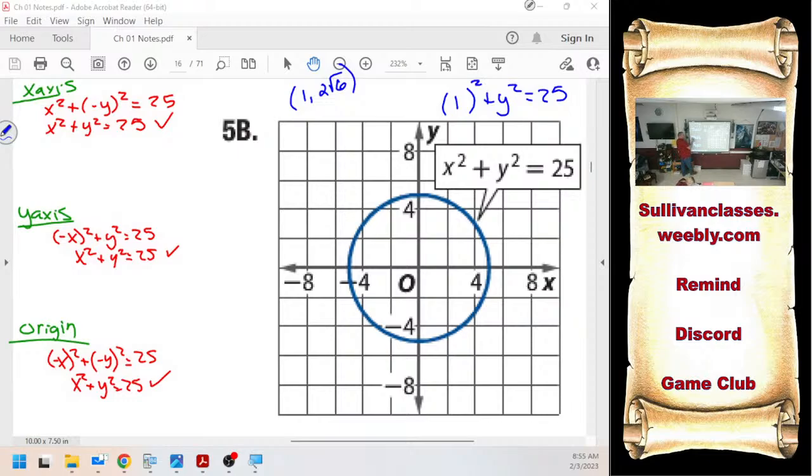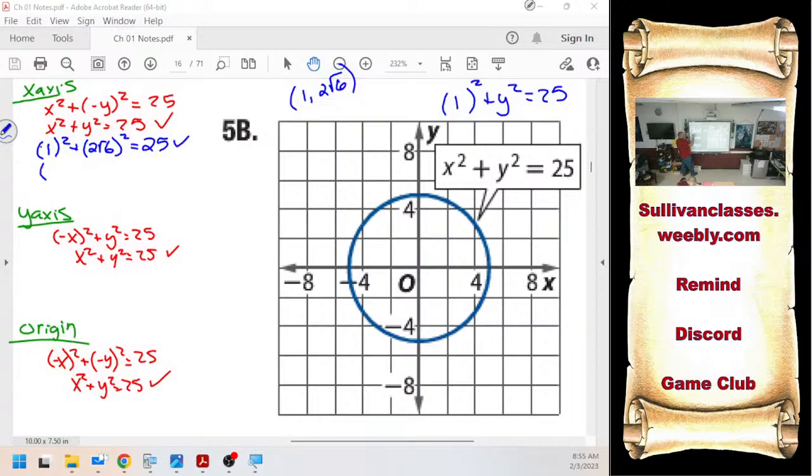I can do that. I can show you that 1 squared plus 2 root 6 squared equals 25. 25 equals 25.